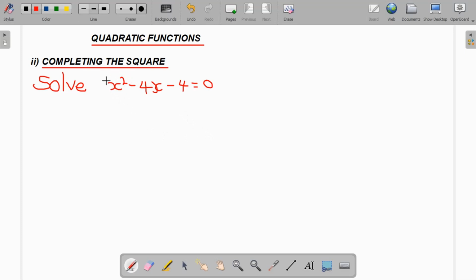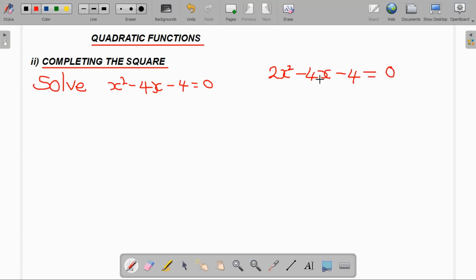If the coefficient of x square is not 1, for example, if you have been given 2x square minus 4x minus 4 equals 0, then the coefficient of x square is not 1.